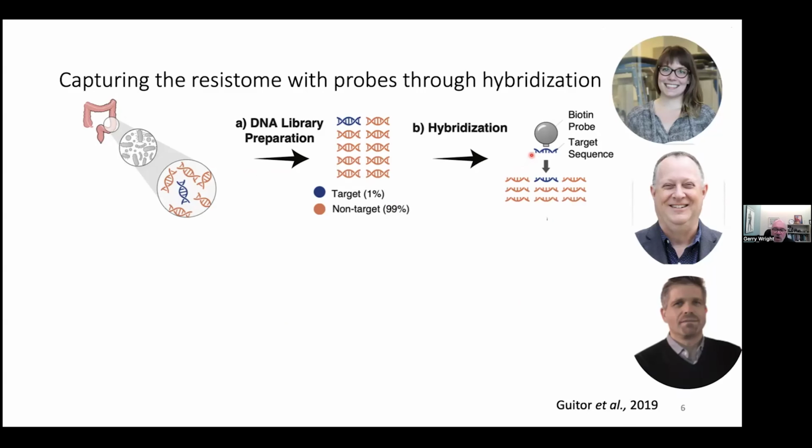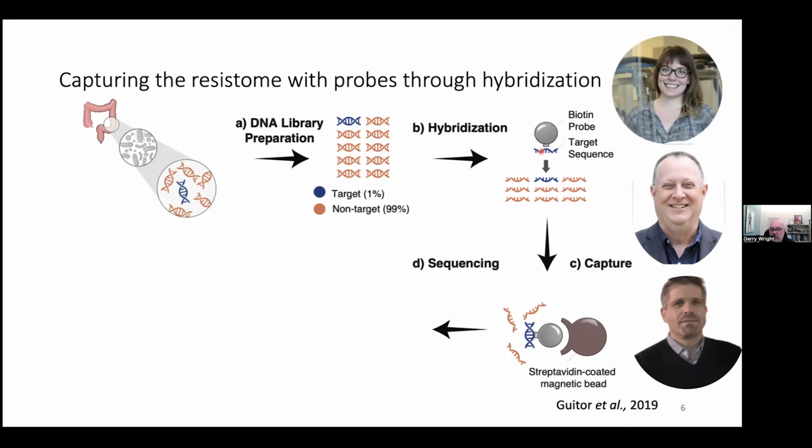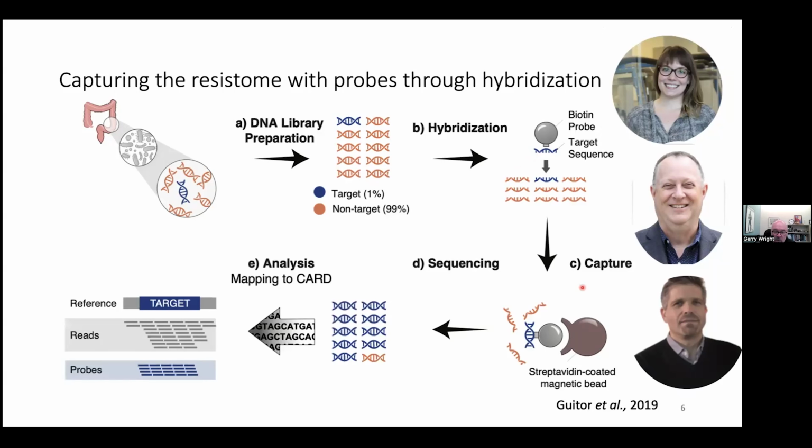In this case, they're RNA probes that you link to a biotin bead, hybridize within your metagenome, capture these on very simple strip-avidin encoded magnetic beads, sequence, and now the idea is to map these down to CARD. And now what you've done is really enriched your sample for the genes that you are interested in. So that was the idea starting out.